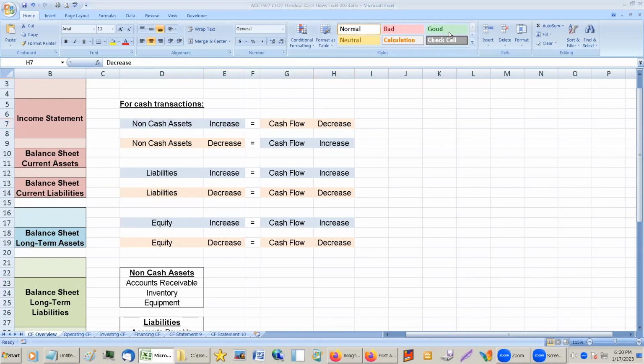If you think about it, if you buy a piece of equipment, so your equipment increases, you're going to pay for that with cash. Your cash must decrease. So that's really all it's saying: it goes in the opposite direction. If you have more equipment, that must mean you have less cash. You must have bought it. And vice versa. If you sell a piece of equipment, if your equipment goes down, you must have more cash.